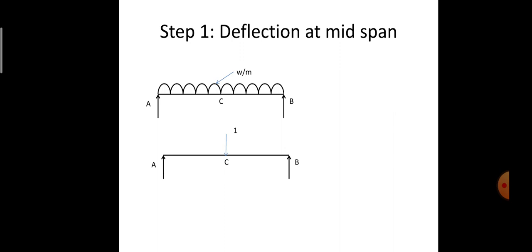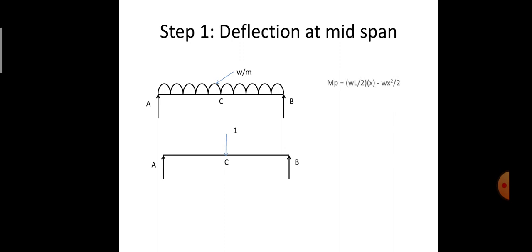Here the deflection is asked at the midspan, that is exactly at point C. Therefore I have put a unit load of magnitude 1 at point C.